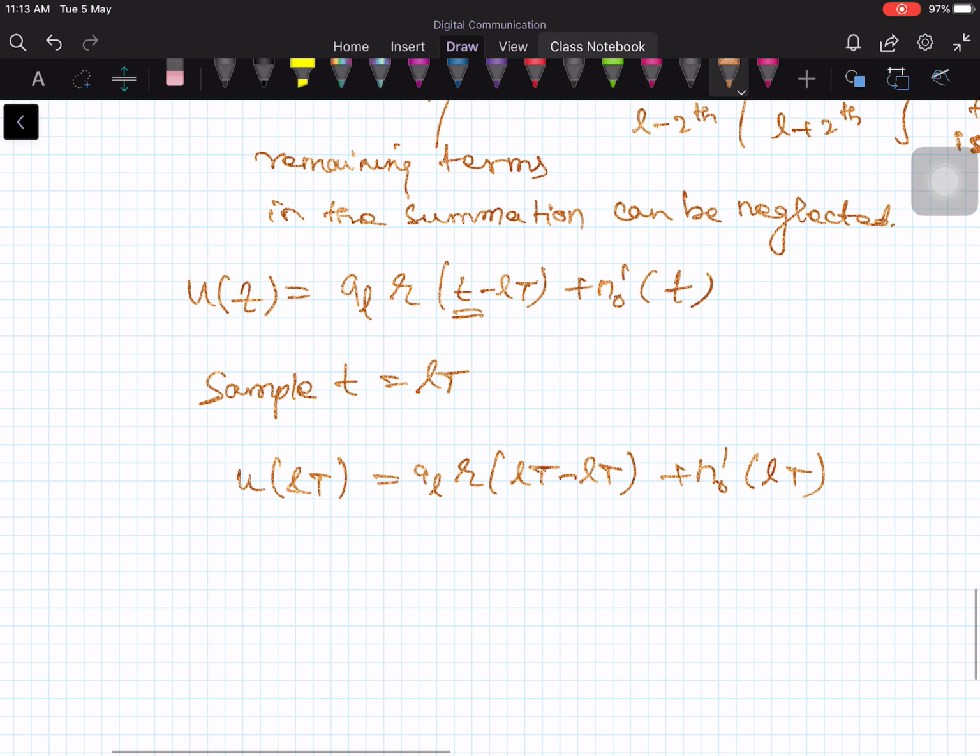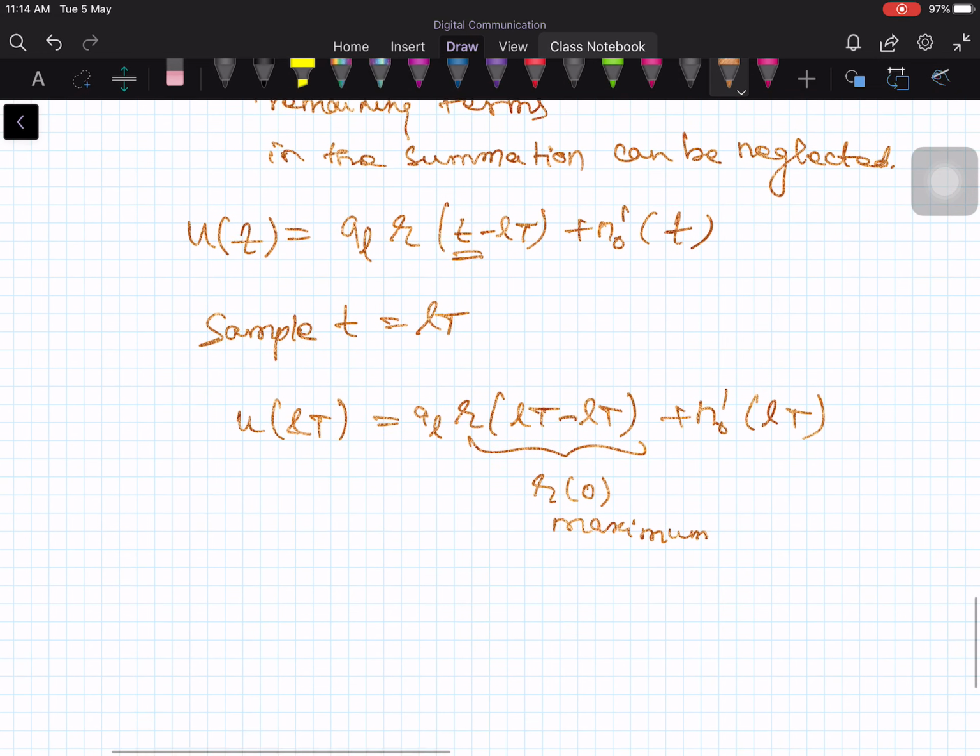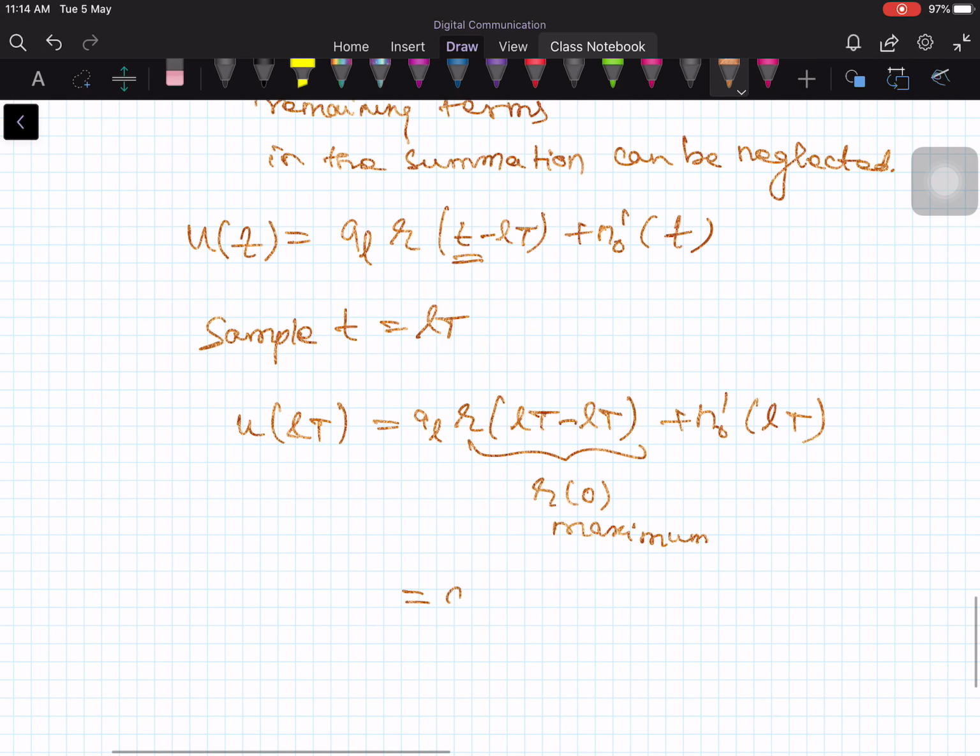And R of 0 is the maximum value of the Nyquist pulse. It's a Nyquist pulse, so the maximum value occurs at 0. Therefore this is going to be AL plus, and this noise term let me call N0L prime.